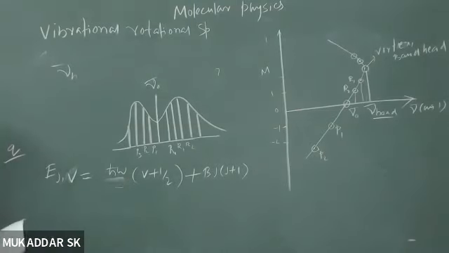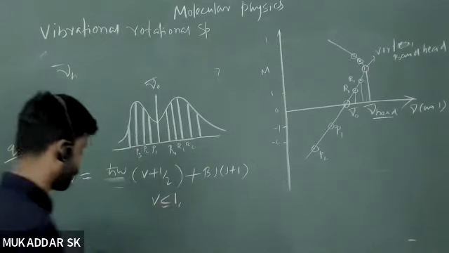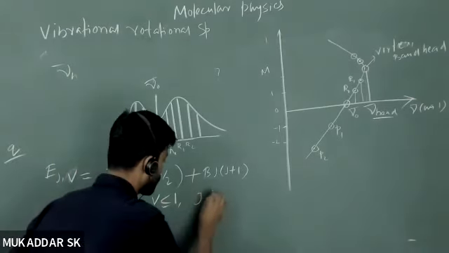Now what they have said is to consider the transition in which both the initial and final states are restricted to v less than or equal to 1 and J less than or equal to 3.